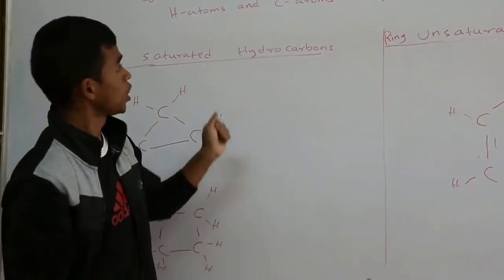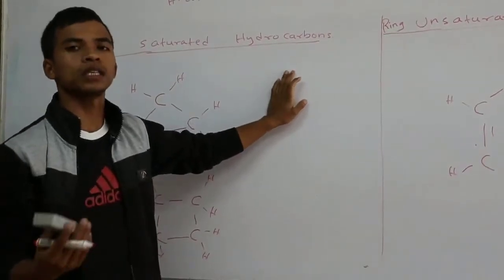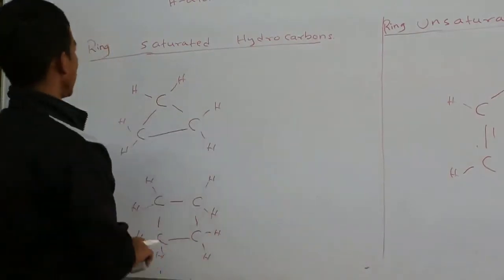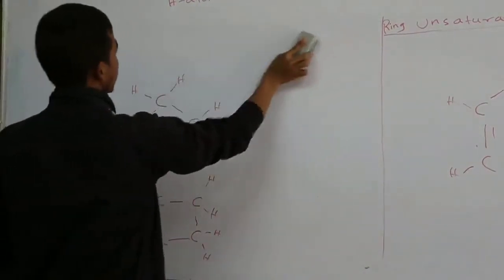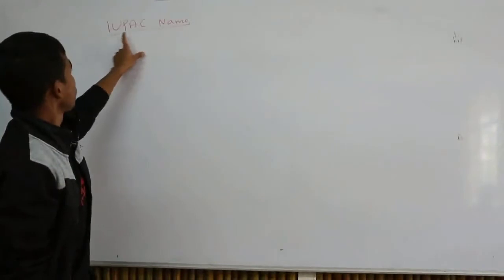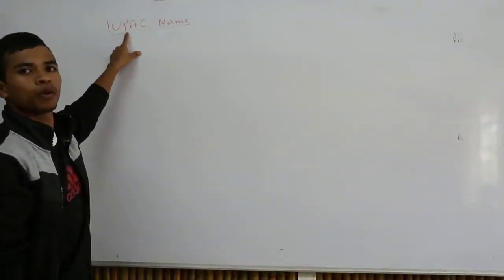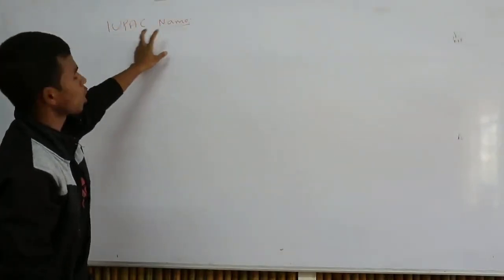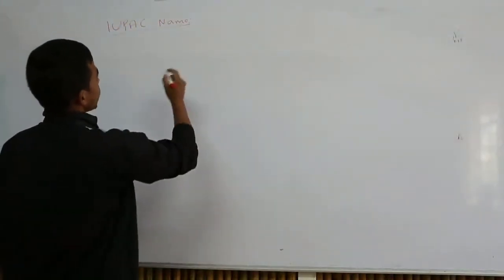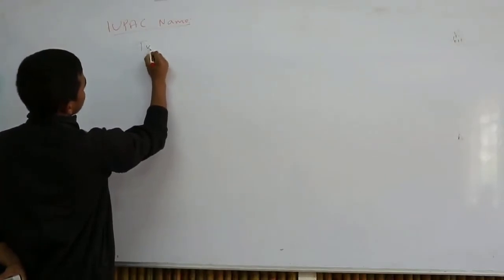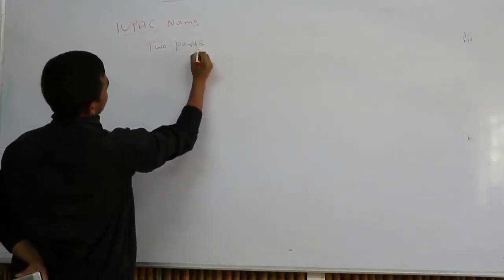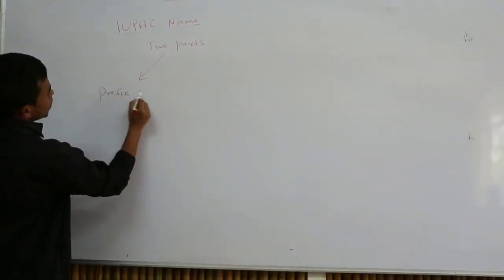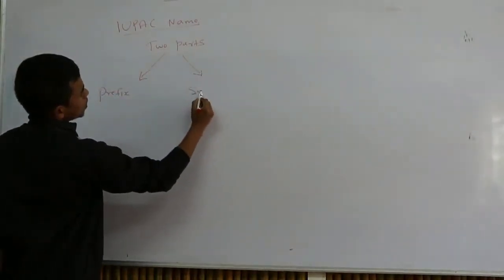Now we will move on to the next topic, which is the IUPAC name of some compounds. The IUPAC name, the International Union of Pure and Applied Chemistry, consists of 2 parts: one which we call the prefix, and the other which we call the suffix.